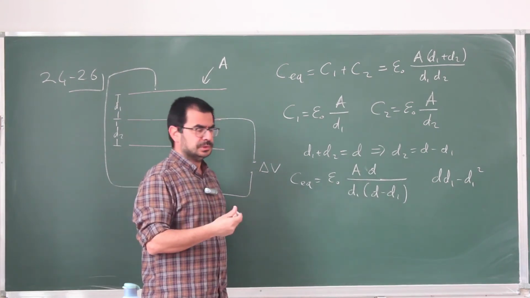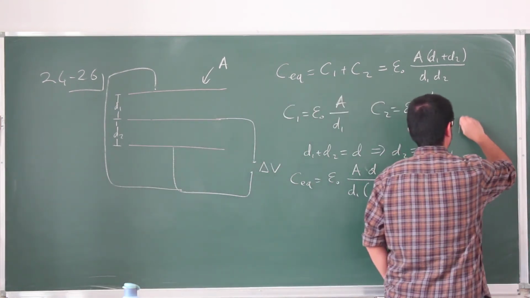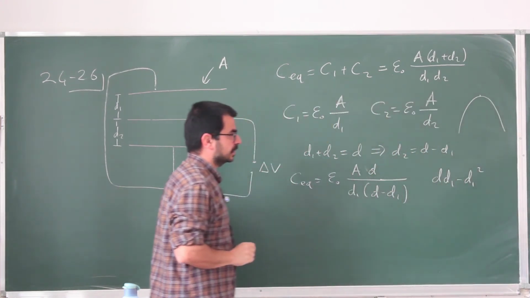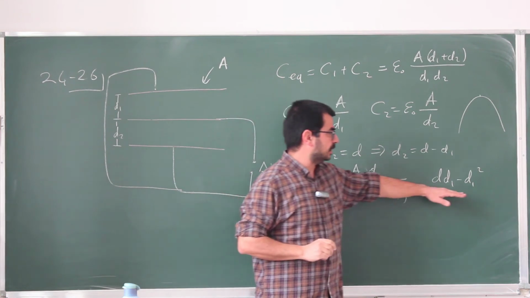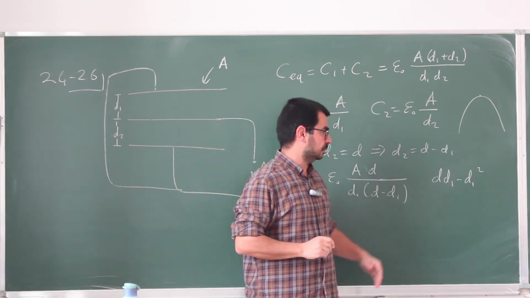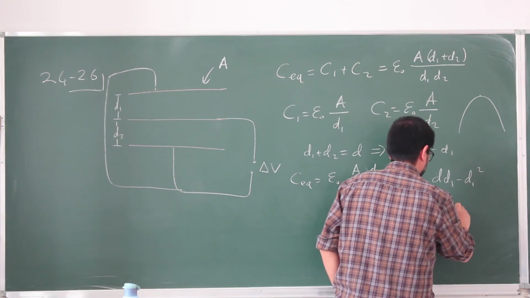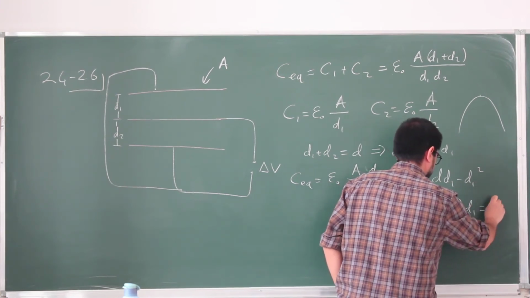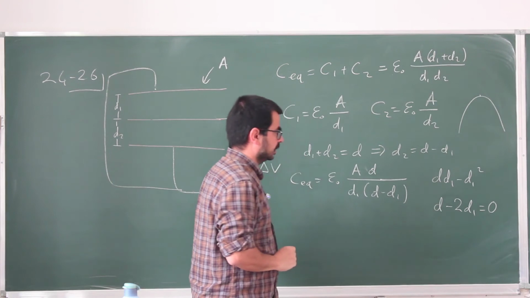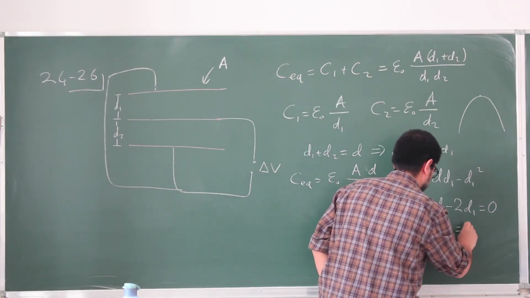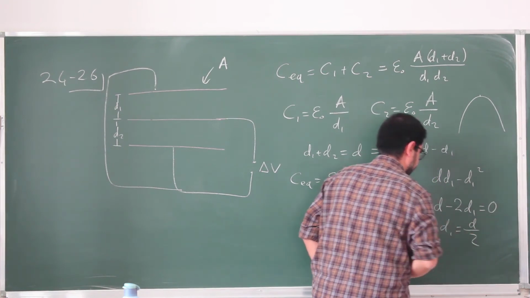In terms of the variable D1, this looks like an inverted parabola, and it's going to have a single maximum. We can find that maximum by taking the derivative with respect to D1 and setting it equal to 0. The derivative is D minus 2 D1. That being equal to 0 gives D1 equals D by 2.